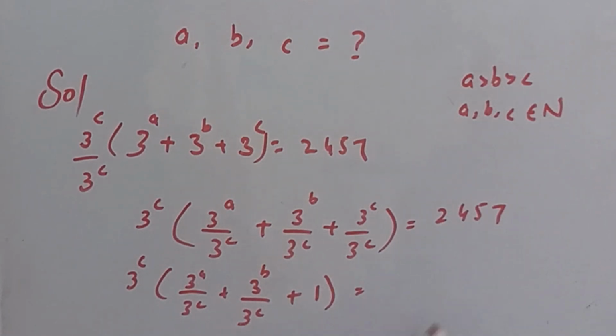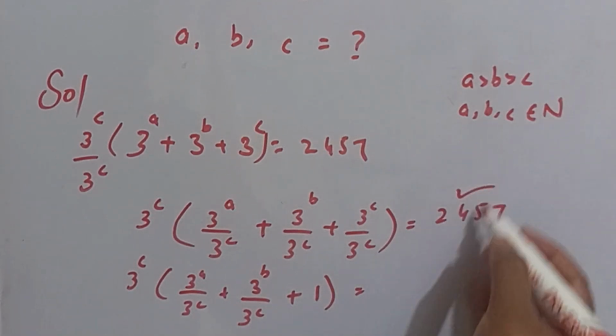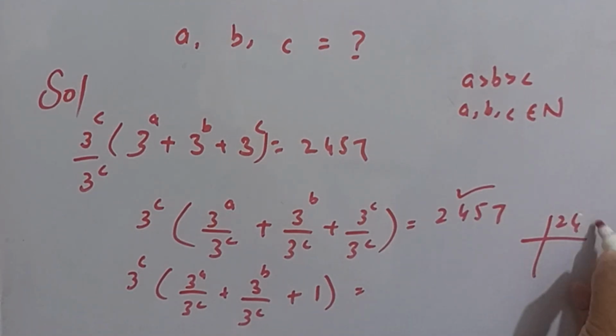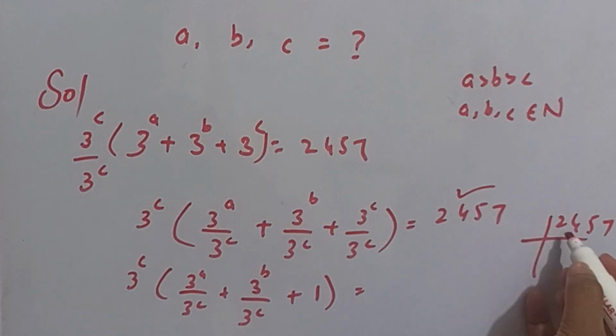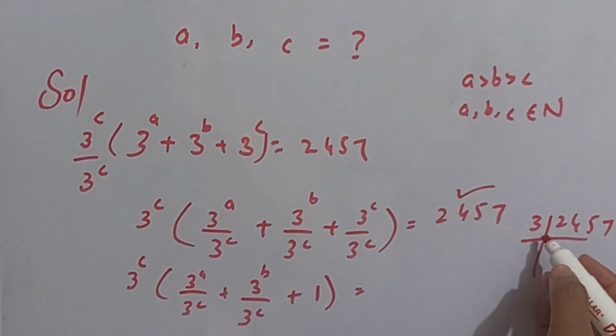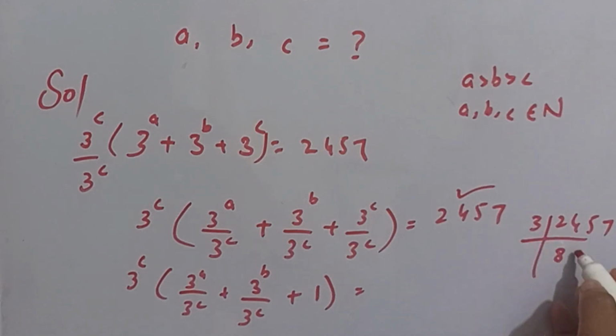Now in the next step, we want to write this right hand side with base 3. So divide 2457 by 3. 3 8s are 24, 3 1s are 3, then this is a 5.